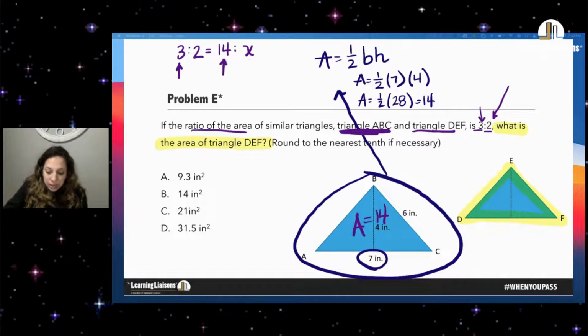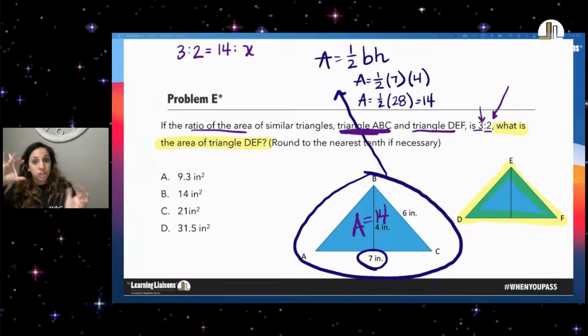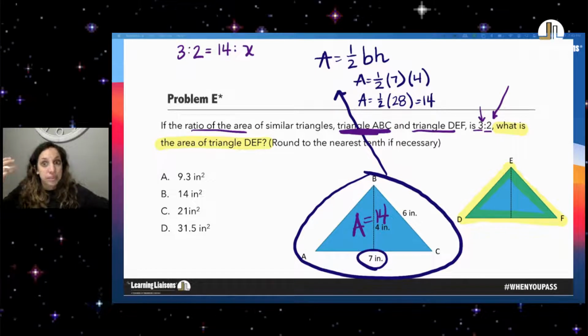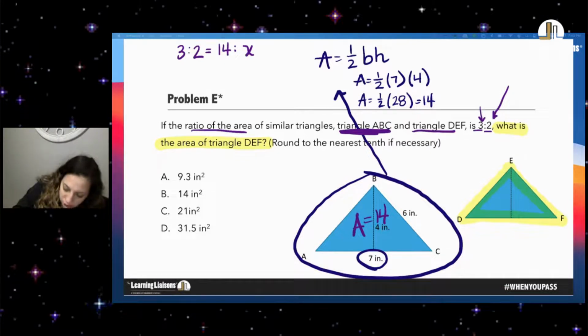So let's set that up into equivalent fractions and solve it using cross multiplication. Ratios and fractions are very similar, and we can represent them in conjunction with each other. So I can write this as 3/2 equals 14 over x.